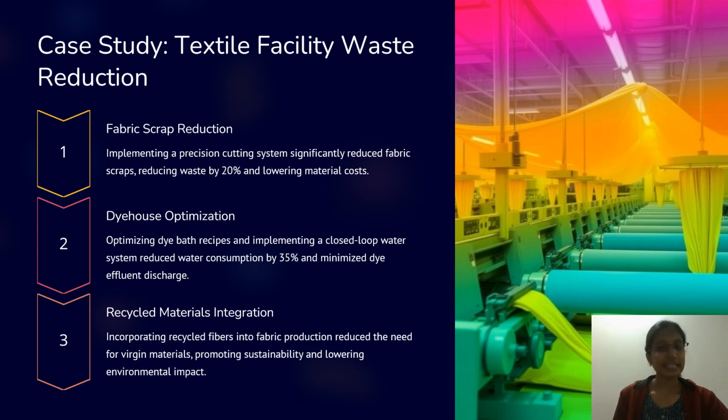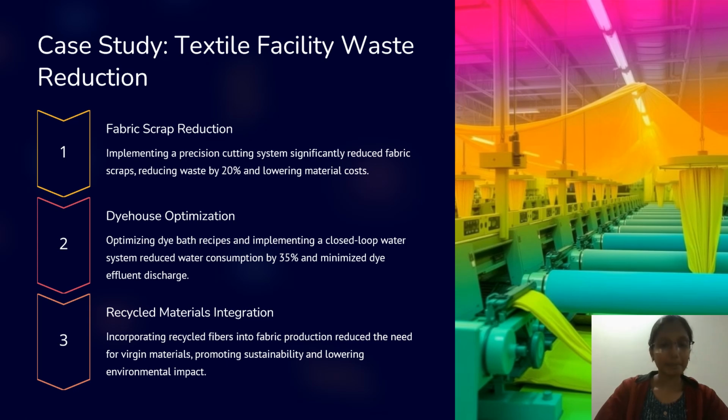Then I have a case study: textile facility, waste reduction, fabric scrap reduction, dye house optimization, and recycled material integration. Fabric scrap reduction. Implementing a precision cutting system significantly reduced fabric scraps, reducing waste by 20% and lowering material costs. Then dye house optimization.